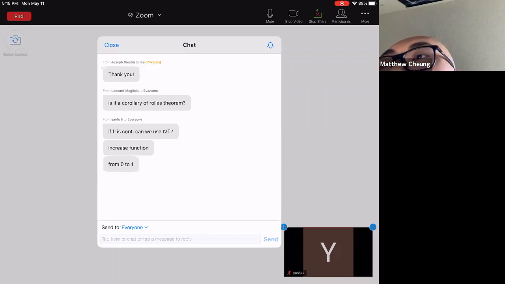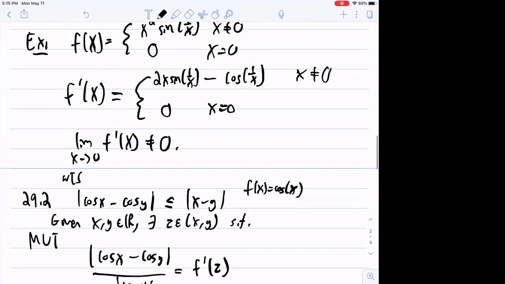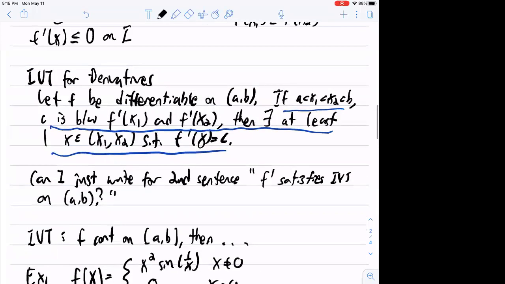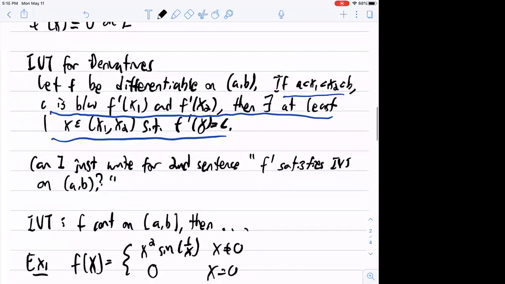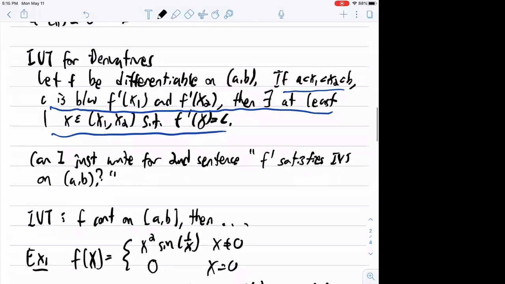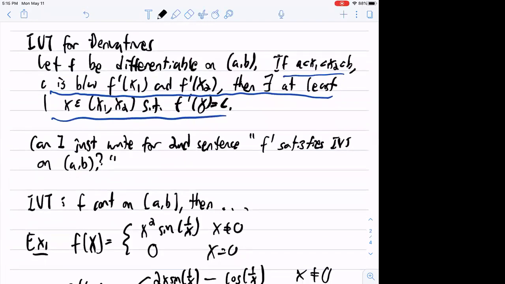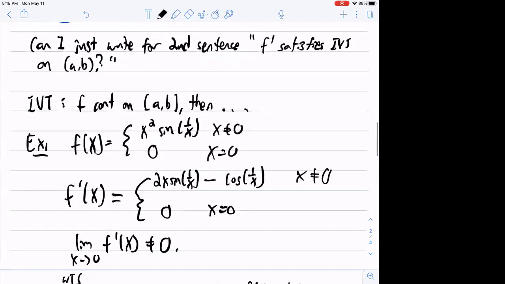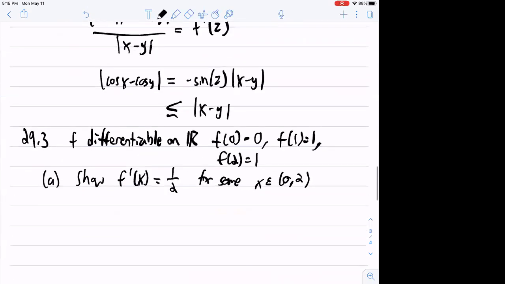It just says you get every value in between. So what I'm saying is, even if f prime is not continuous, it has that IVT property, right? So here, this holds for any derivative, right? All I need is that it's differentiable. So I don't need anything about the derivative. The derivative could be discontinuous everywhere, but it will satisfy IVT. So, okay.